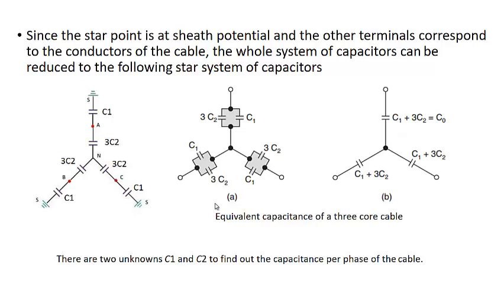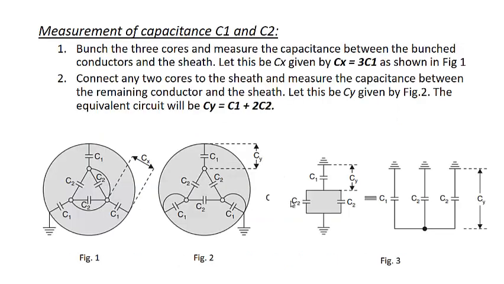From here, there are two unknowns, that is C1 and C2. For this cable, these unknowns are calculated by doing different measurements. We can use two measurements for calculating this.